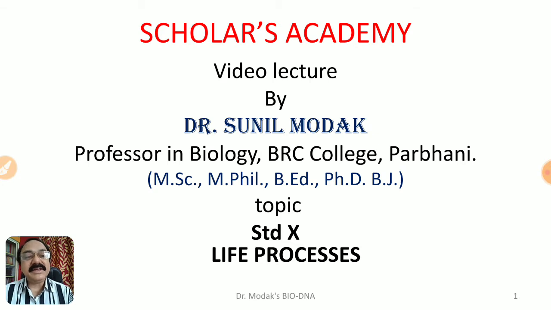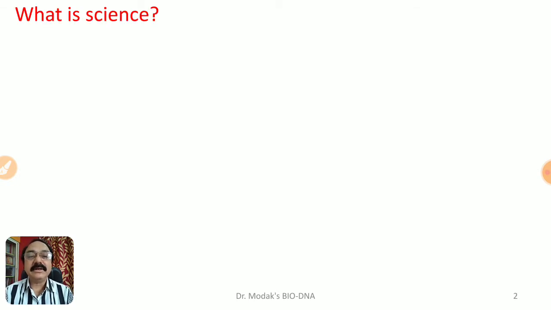The name of that chapter is Life Processes. In it we learn various life processes in plants as well as in animals, particularly in human beings. After studying it, you will learn how our body performs various metabolic activities to maintain our body as well as life. Why we are living, you will get the answer from the study of it. So let us begin with this chapter, Life Processes.